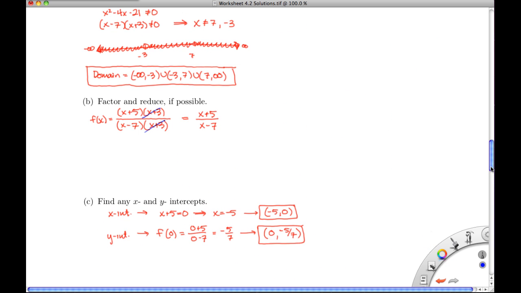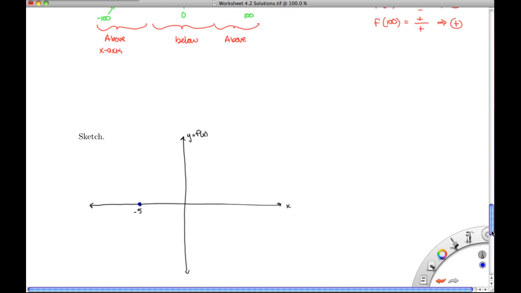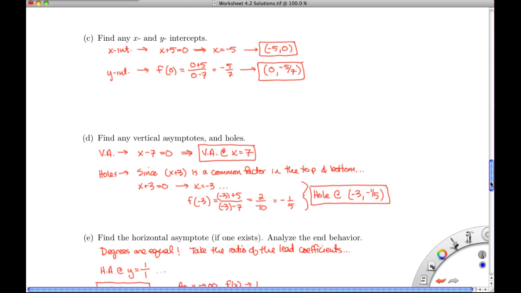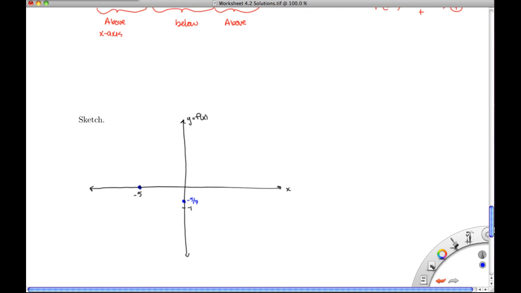We also determined that we have a y-intercept at -5/7. So not quite -1. I'll put a -1 here. And then we'll call this our y-intercept, -5/7. Close enough, right? Okay, so that helps. Next, we've got a vertical asymptote at 7.